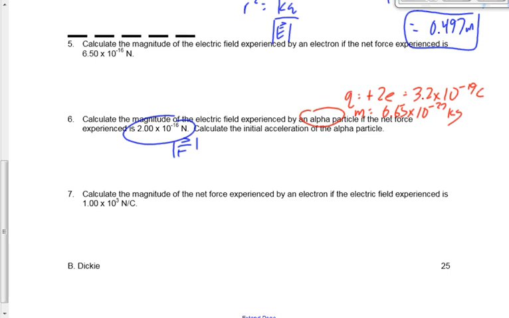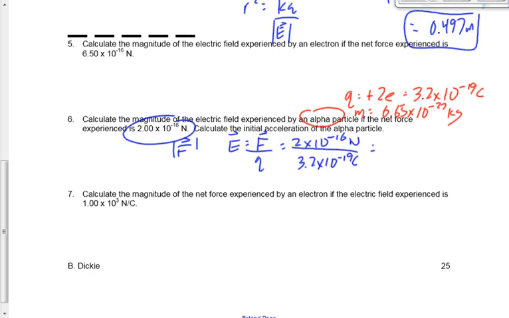There's the force. We're going to say E is equal to F over Q. We're just going to solve for E there. It becomes 2 times 10 to the negative 16 divided by the charge of 3.2 times 10 to the minus 19. Again, be careful, because it's so easy to write in 1.6 times 10 to the minus 19, because that's what it usually is for us.